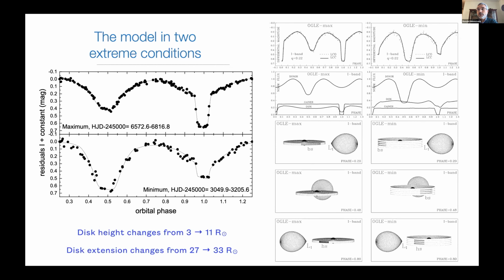So in other words, when the secondary eclipse is deeper, what is happening is that we are observing a disk thicker and larger, and this configuration produces the observed deeper secondary eclipse.